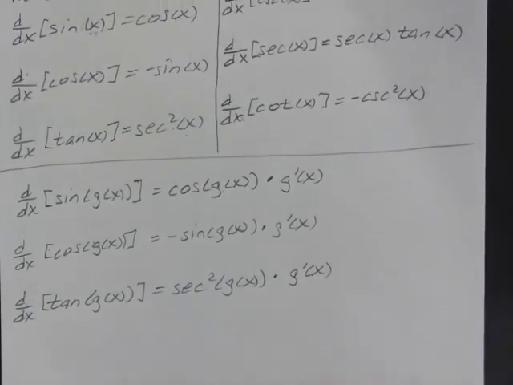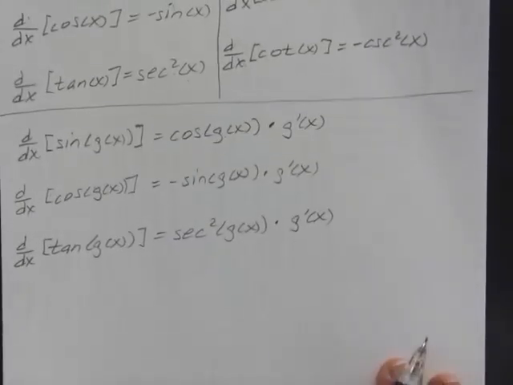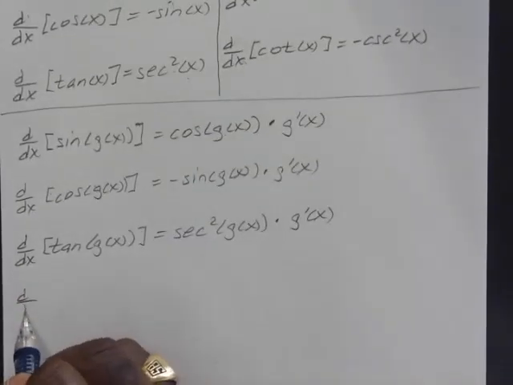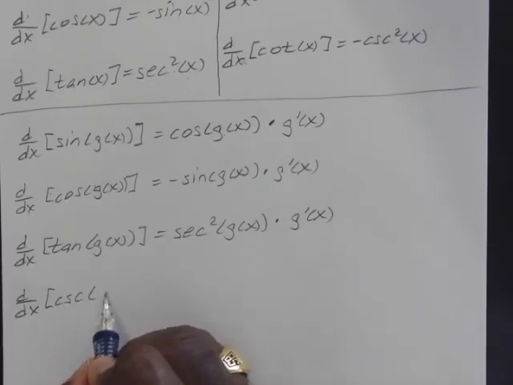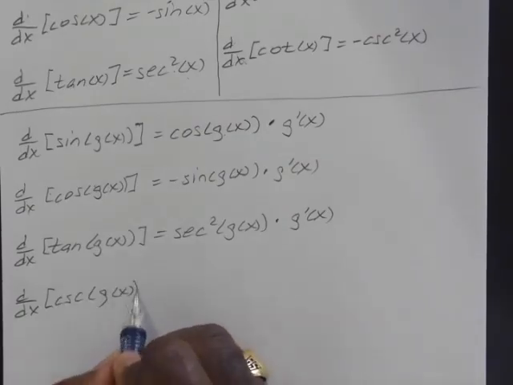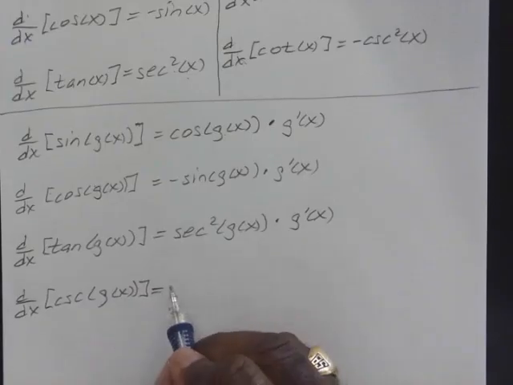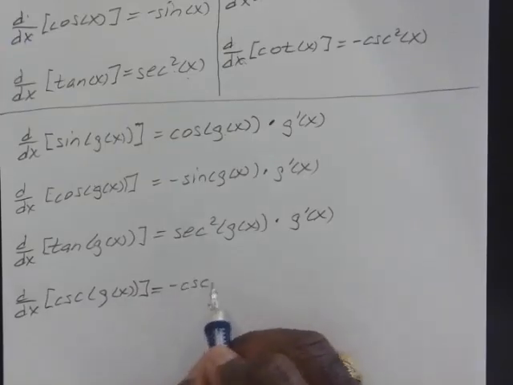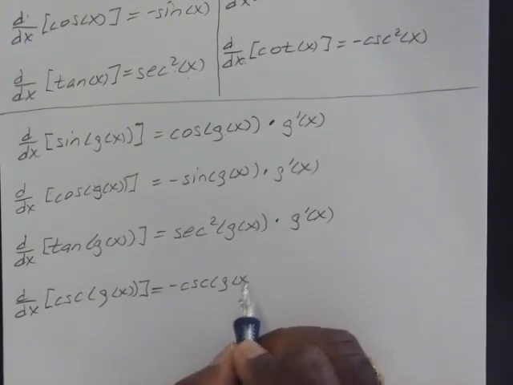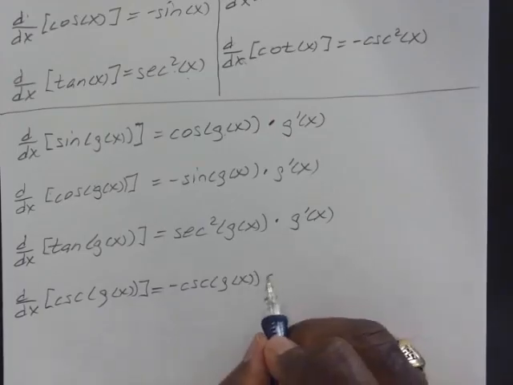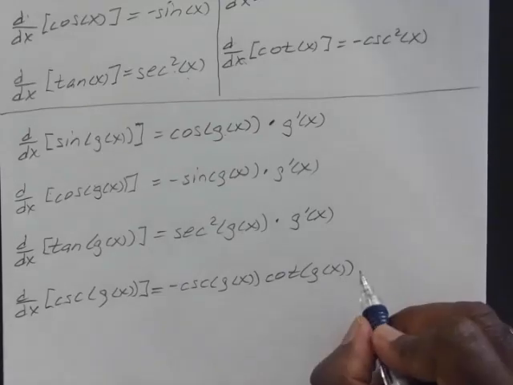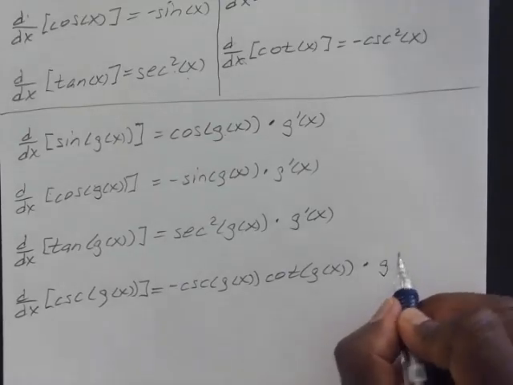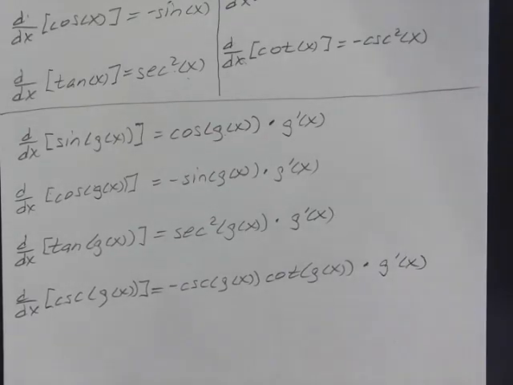So you can probably see where the whole pattern is going. We have the derivative of cosecant of g of x equals negative cosecant of g of x times cotangent of g of x times your g prime of x.